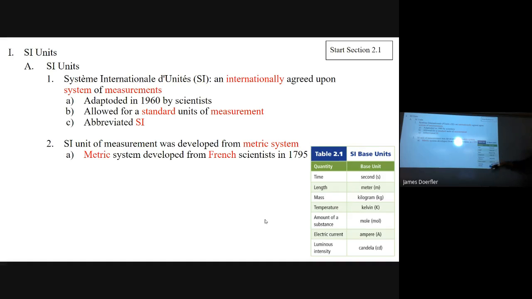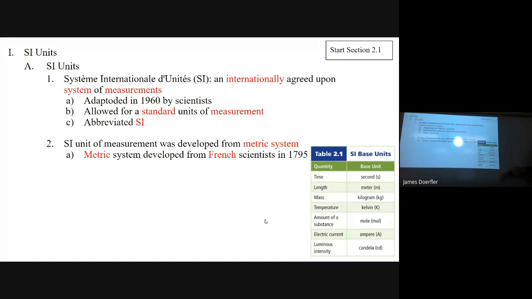Now, over here on the right-hand side, table 2.1, these are very important to know. Time is in seconds, length is in meters, mass is in kilograms, temperature is in Kelvin. We also see it in degrees Celsius, and we're actually going to be messing around with temperature today. Amount of substance is what we call a mole. We'll deal with that later on.